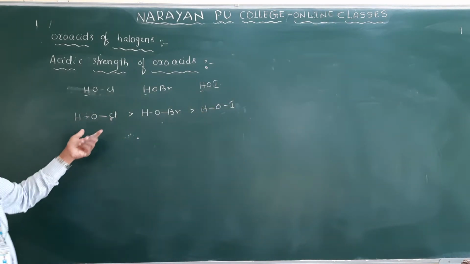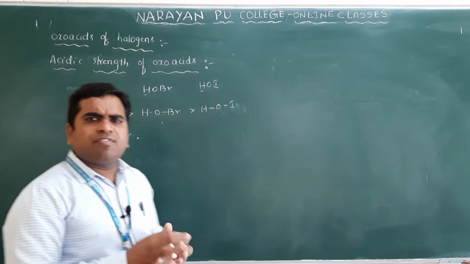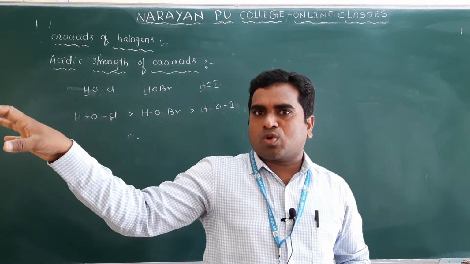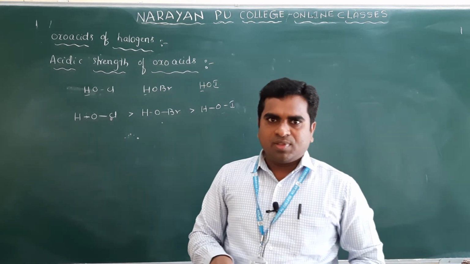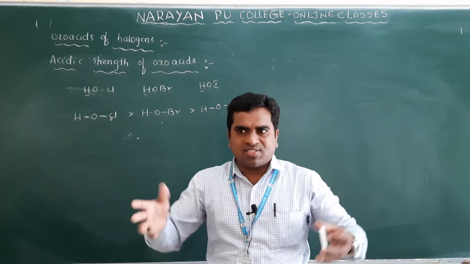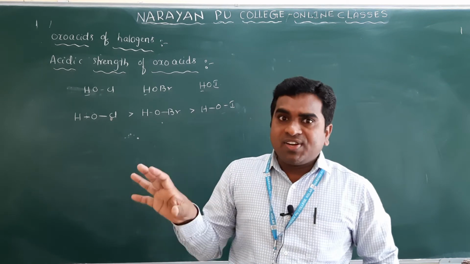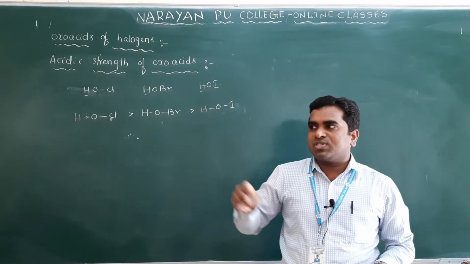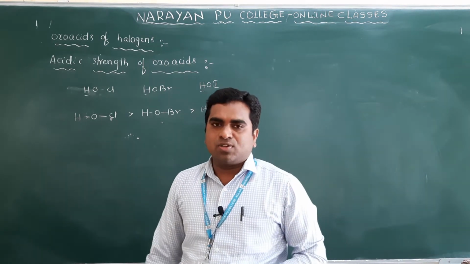Why? Just simple. If oxygen has more electron density, it won't take the electrons from the hydrogen easily, because it is already electron rich. If it is electron deficient, then immediately it will take the electron from the hydrogen and release H plus ions very fast.